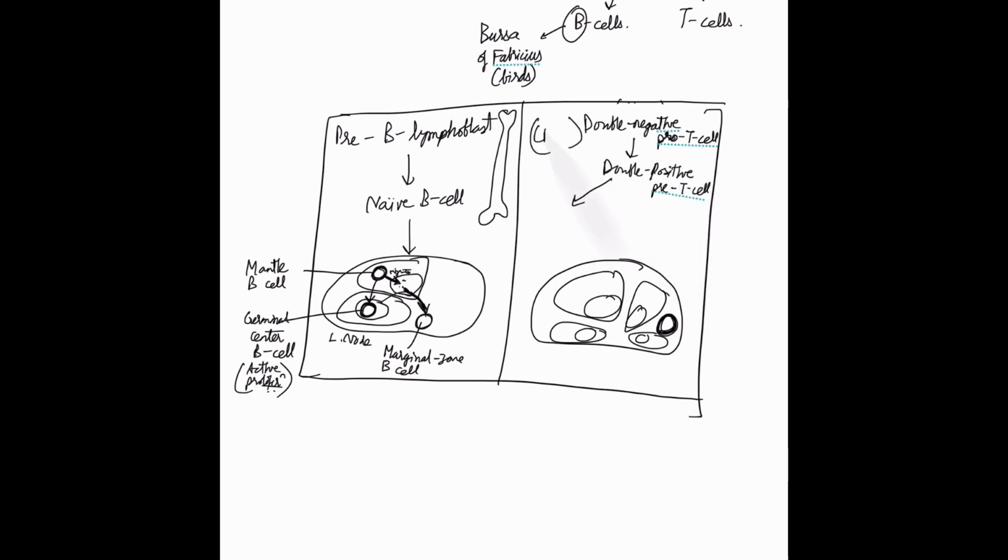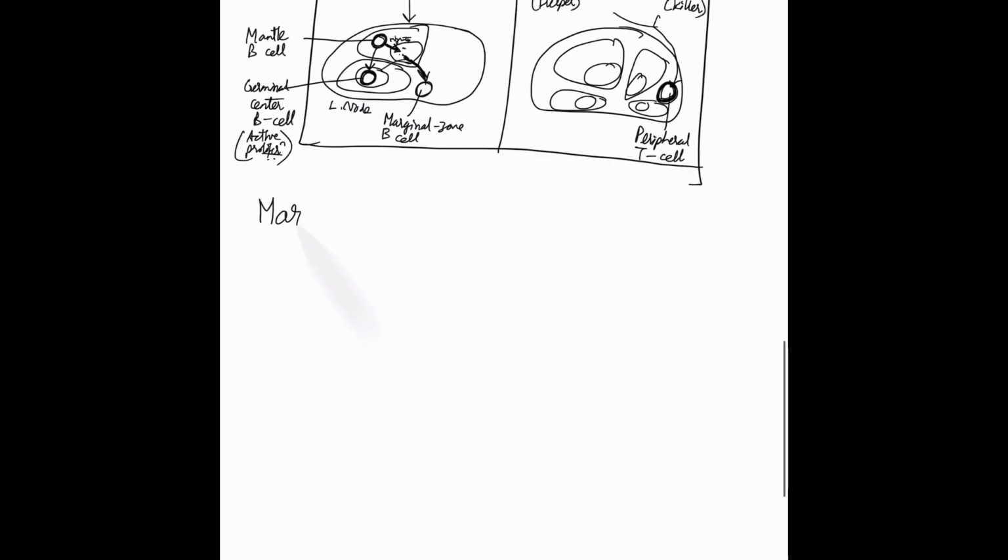Now coming to the T cells, you have double negative T cells which after exposure become double positive T cells that express CD4 and CD8 on their cell membrane. So they then differentiate into single positives, that is CD4 T cells or helper cells and CD8 T cells or killer T cells. Now moving on to cell markers.